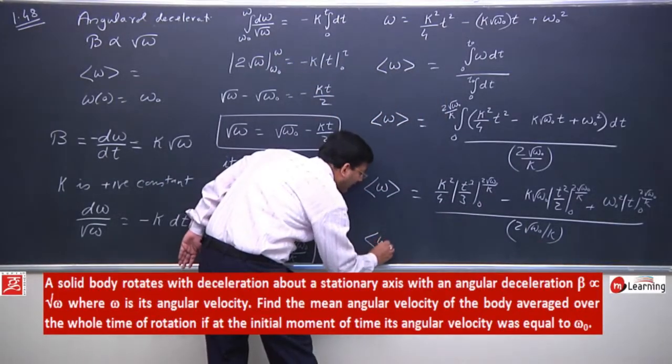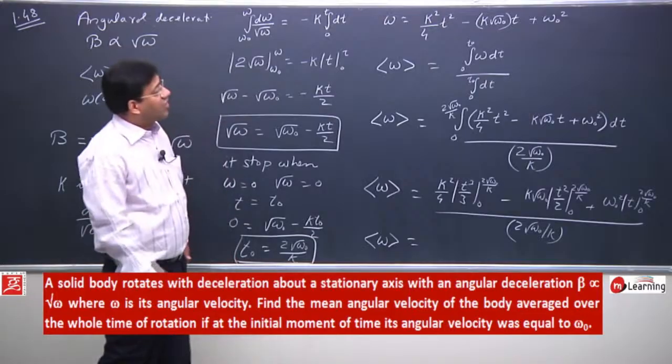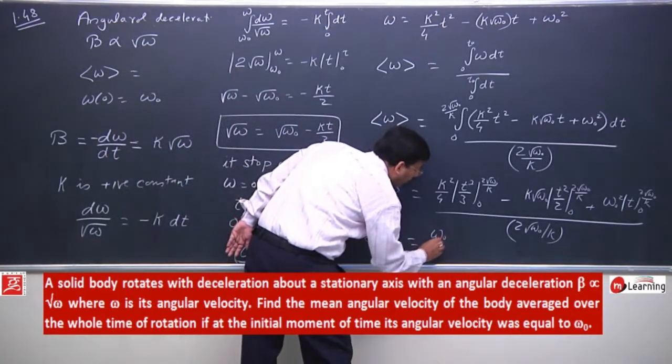Solve it and you would get the mean of angular velocity as omega naught by 3.